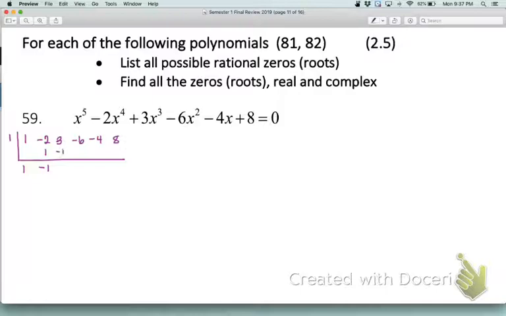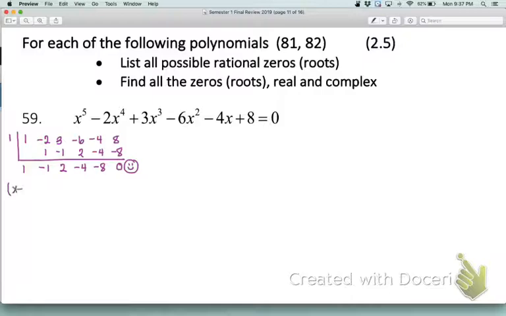Multiply negative 1, add positive 2. Multiply 2, add negative 4. Multiply negative 4, add negative 8. Multiply negative 8, add, we get 0. And that's exactly what we wanted because a remainder of 0, which is our last number there, shows us that it divides in evenly.